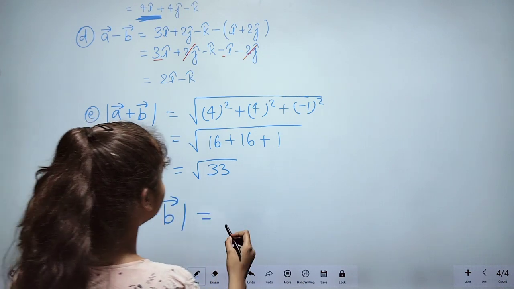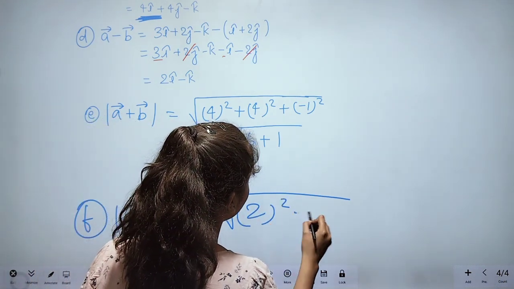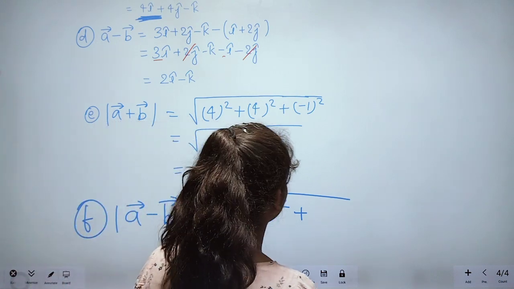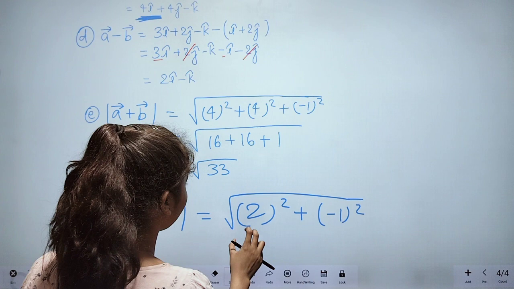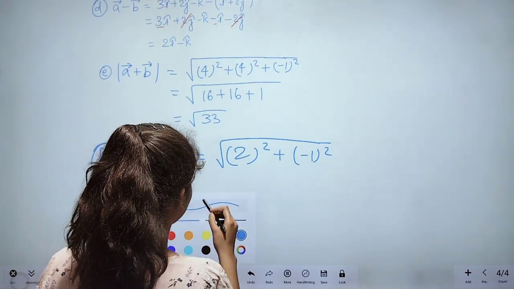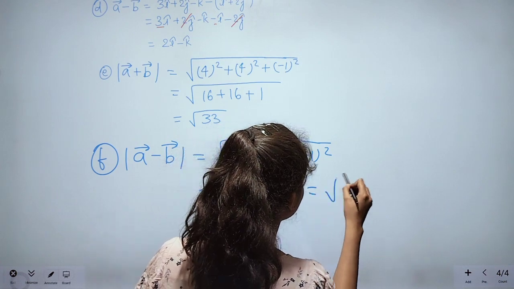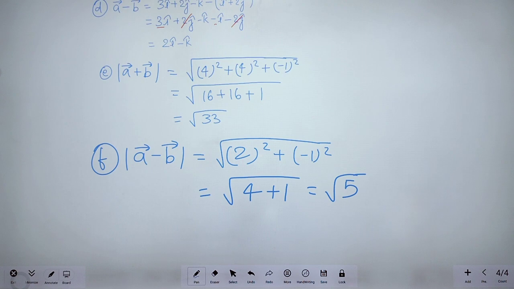Okay, so root under coefficient of i cap is 2 square plus coefficient of j cap is not there and k cap is 1. Not 1, it's minus 1. Now root under 4 plus 1 is equal to root 5. So this one is the answer of magnitude of A vector minus B vector.